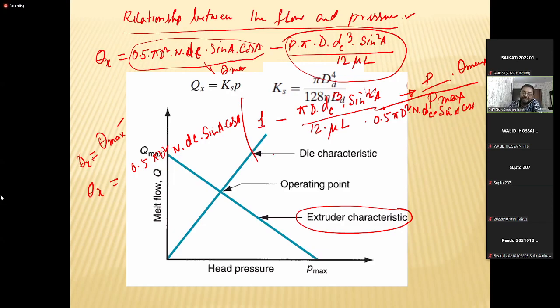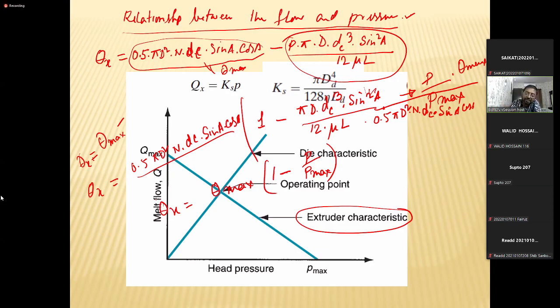And you will see we shall get it as 1 minus P divided by P maximum, and it is our Q maximum. So Qx will be equal to Q maximum into 1 minus P by P maximum.